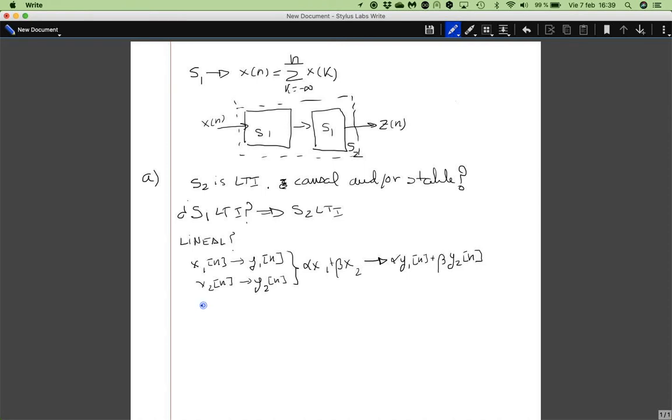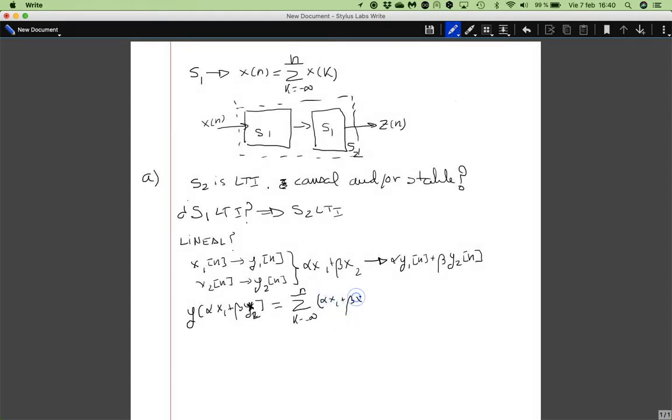So if we put into the system the linear combination of the inputs, what we do is we apply the definition. So the output is just the summation from k equals minus infinity to n of whatever is in the input, which in this case is the linear combination.